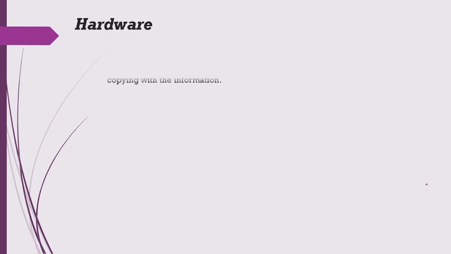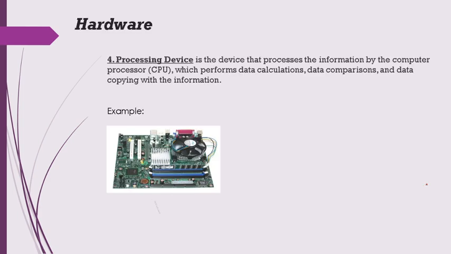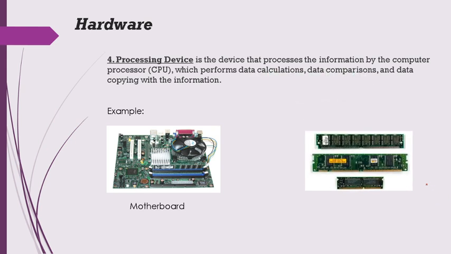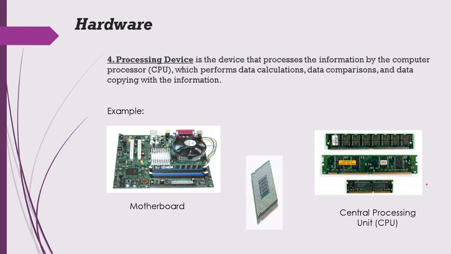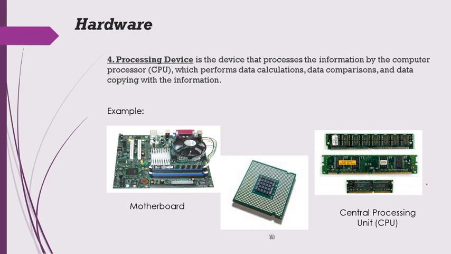Next one. We have the processing device. A processing device is a device that processes information by the computer processor or the CPU, which performs data calculations, data comparisons, and data copying with the information. The CPU here, just like what I said earlier, is the brain of the computer.